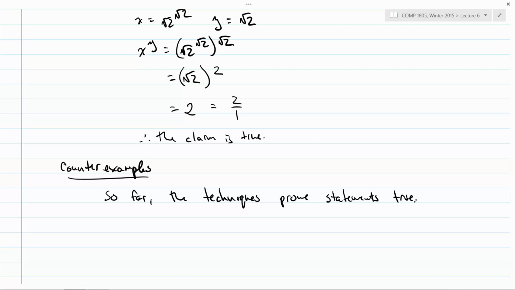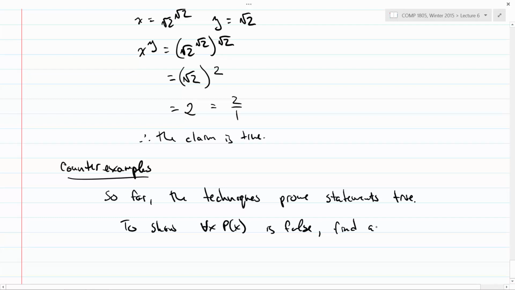So to clarify, if I wanted to show for all x, P(x) is false, what should I do? Find an x. Yeah, find an x that doesn't work. Okay?